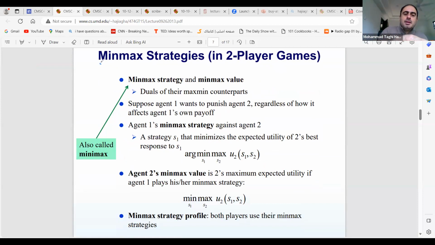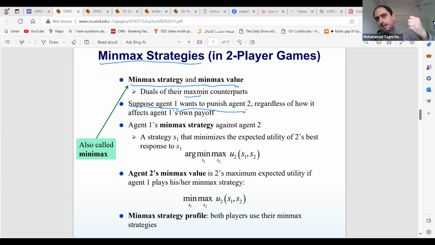So a Maximin strategy in a two-player game. We are defining it for the general case, but it is especially interesting for two-player games. Here a min-max strategy or min-max value is a dual of the Maximin strategy, profile or value. Say agent 1 wants to punish agent 2, regardless of how it affects agent 1's own payoff.